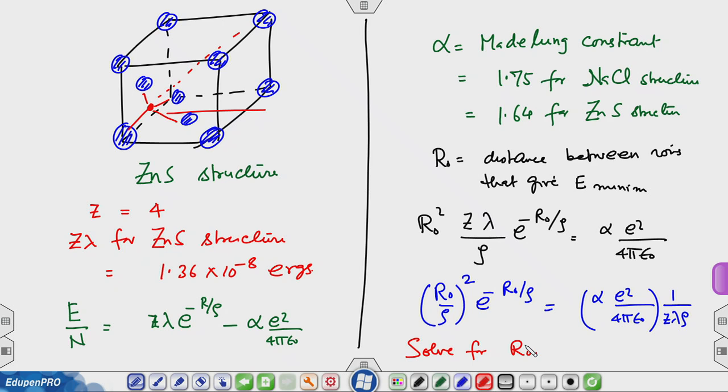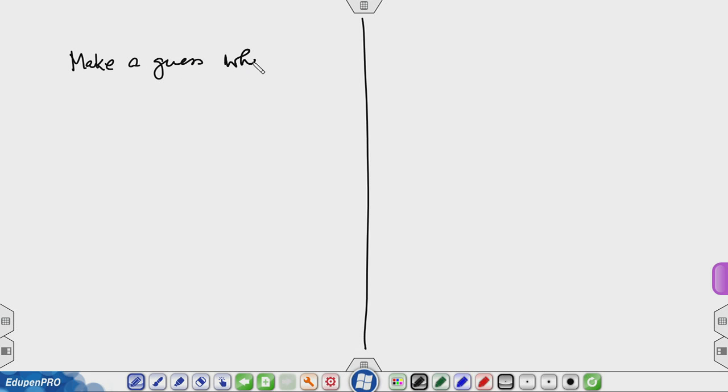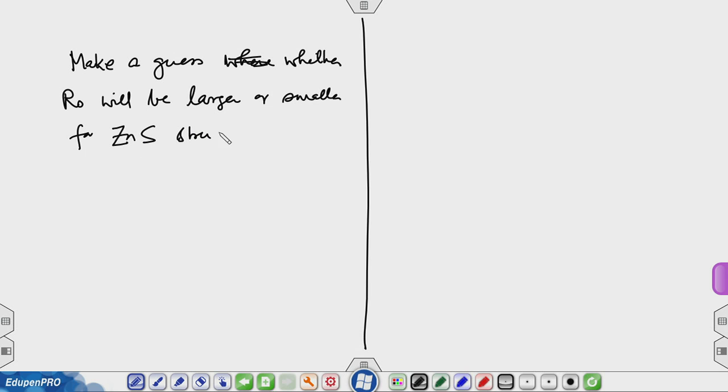So, solve for R naught. Now, before I do the calculation, I would like you to make a guess whether R naught will be larger or smaller for the ZnS structure in comparison to the NaCl structure.